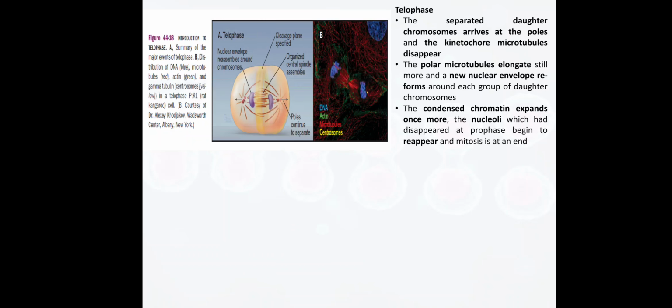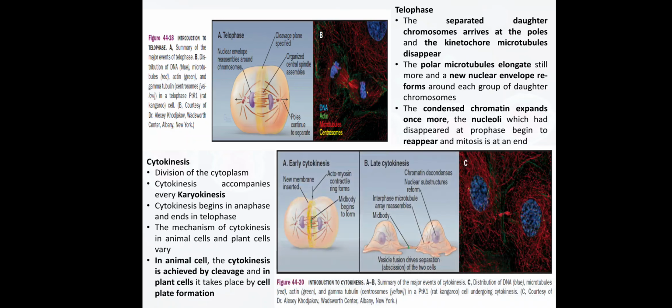Now let us recall what we learned. Cytokinesis is the division of cytoplasm. Cytokinesis accompanies every karyokinesis. Cytokinesis begins in anaphase and ends in telophase. The mechanism of cytokinesis in animal cells and plant cells varies. In animal cells, cytokinesis is achieved by cleavage, and in plant cells it takes place by cell plate formation.